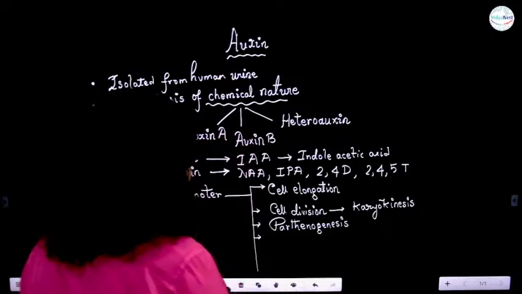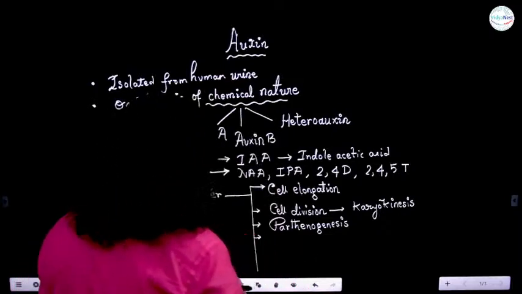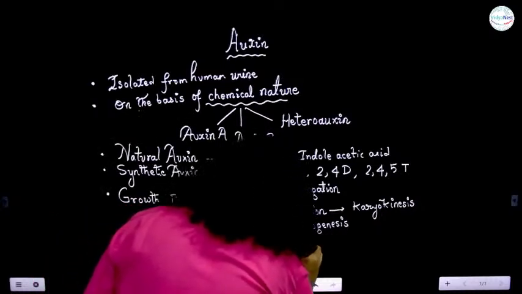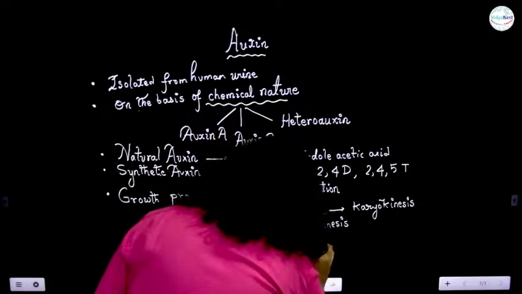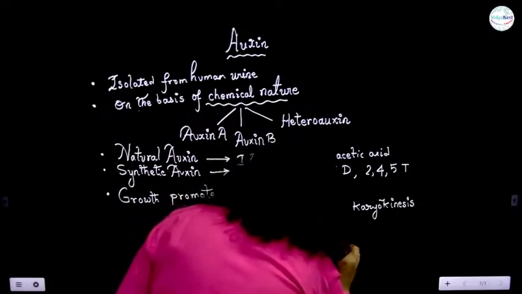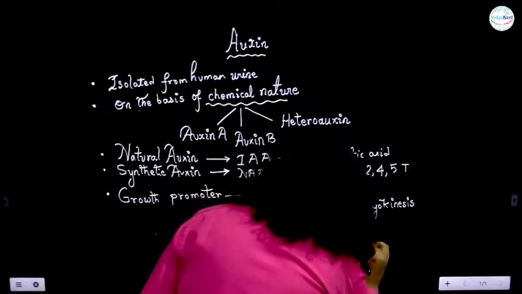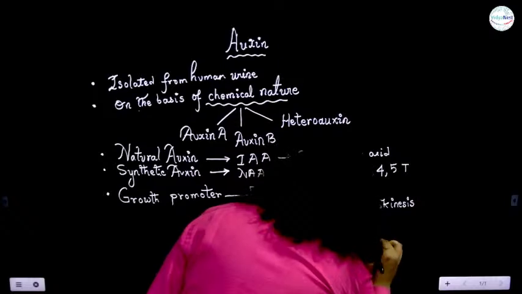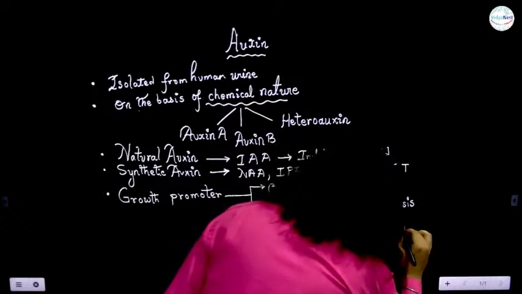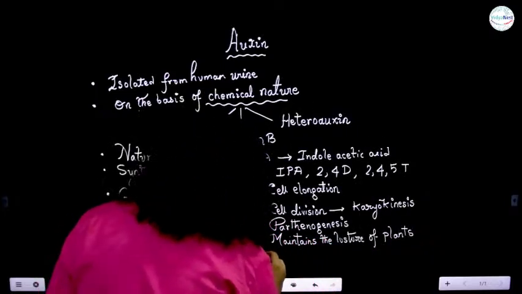That is how cell elongation takes place, then cell division, parthenogenesis. There is also another function, that is, it is responsible for maintaining the luster of the plants.